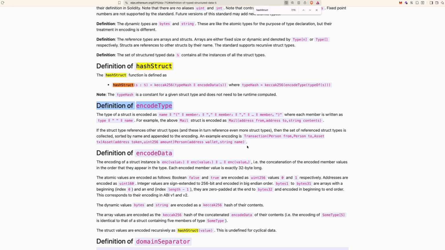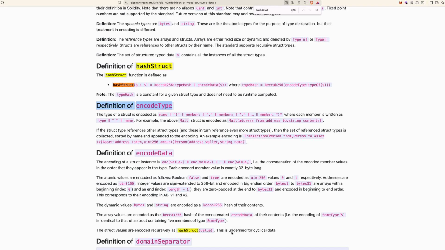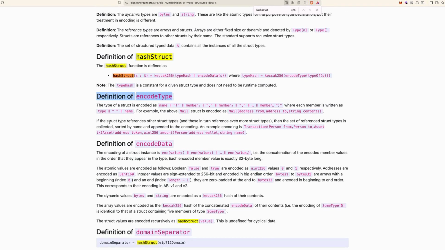Okay. How does encodeType handle nested structs? It does not. Okay, got it. It handles nested structs. Here is the answer. If the struct type references other struct types, then the set of referenced struct types is collected, sorted by name, and appended to the encoding.